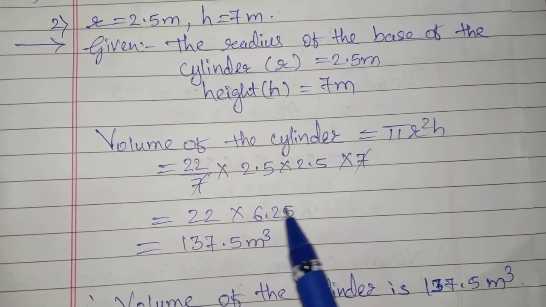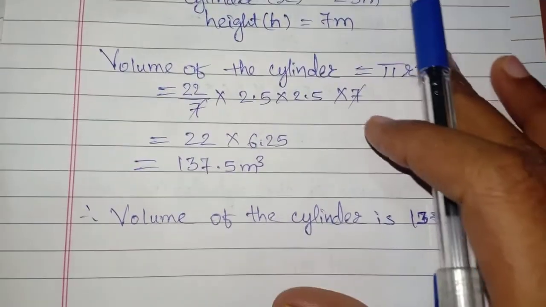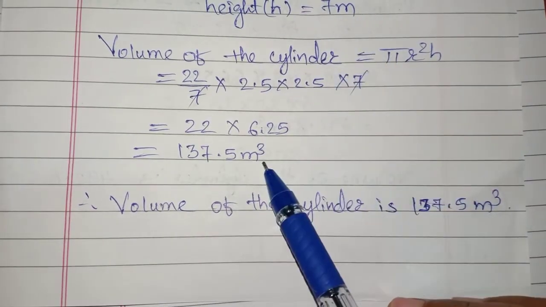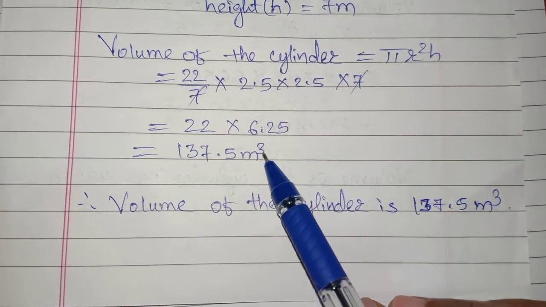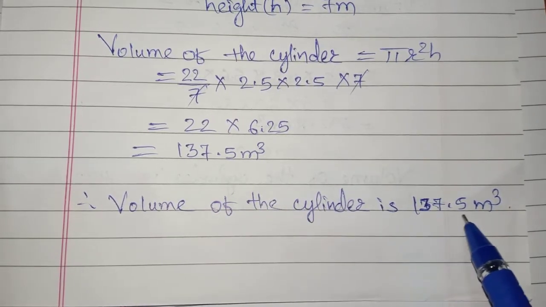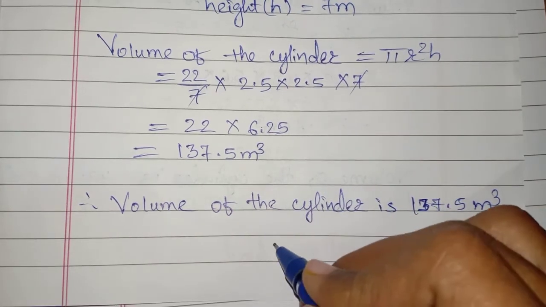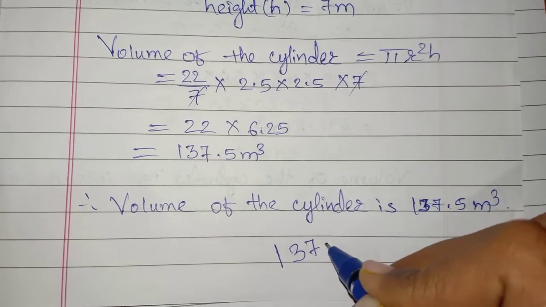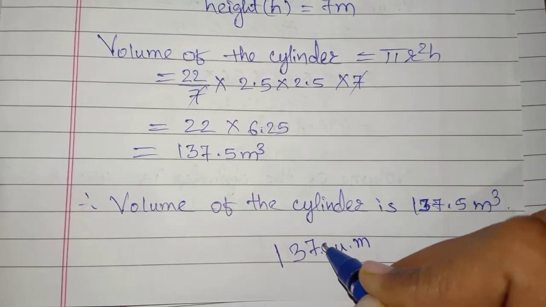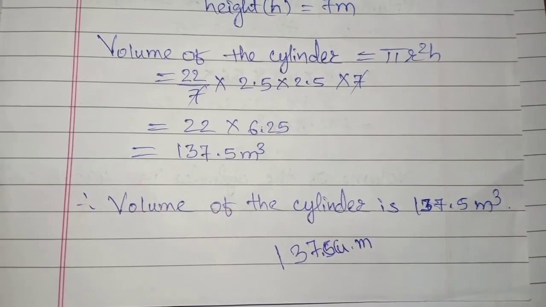Now 22 into 6.25 is 137.5 meter cube. Height and radius are given in meters, so volume is in cubic meters. So the volume of the cylinder is 137.5 meter cube, or 137.5 cubic meter.